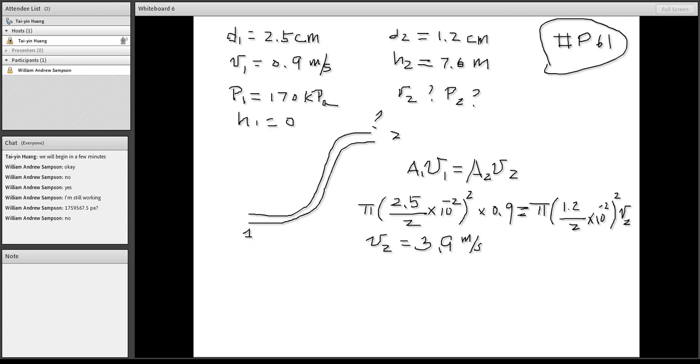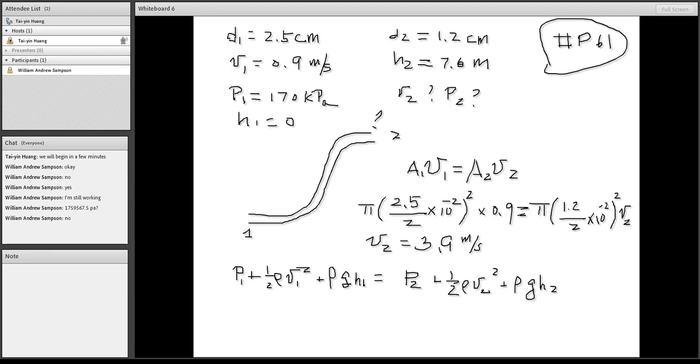Bernoulli's equation tells you that P1 plus 1/2 rho V1 squared plus rho g h1 must be equal to P2 plus 1/2 rho V2 squared plus rho g h2. So this is the equation. Now we just plug in the numbers.